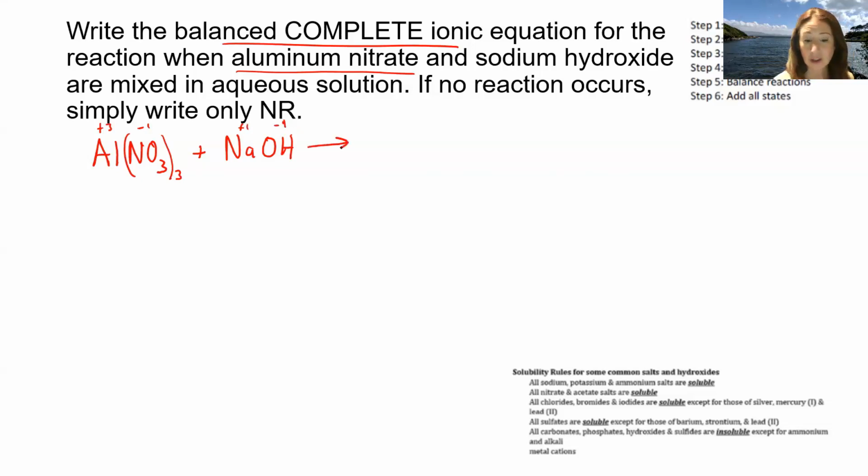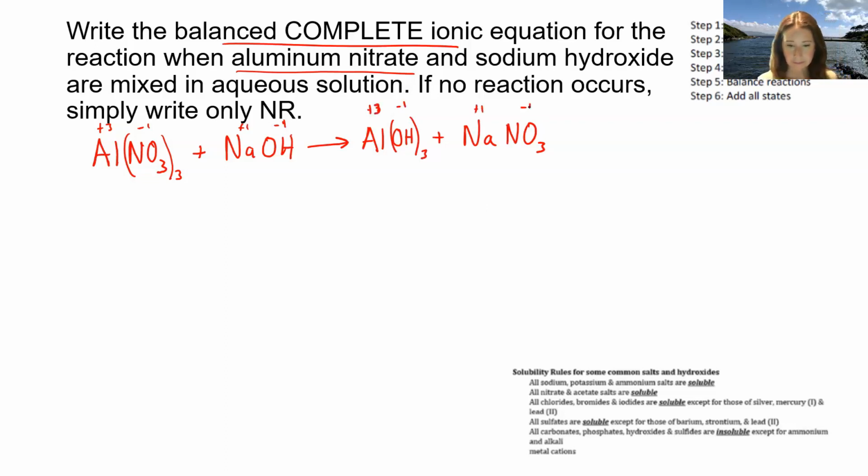I'm just going to leave those charges there for a minute. Now they have to switch. So Al now goes with OH, and Na goes with NO3. To balance this, +3, -1, so there's 3 of these, +1, -1.